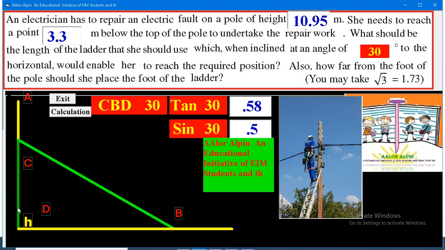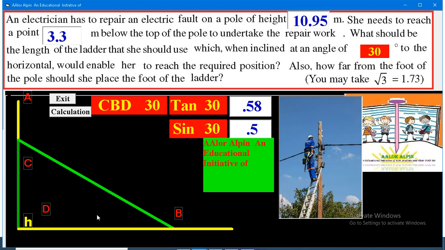So height and distance can be changed depending on the situation. Basic things remains the same. You have a height, you have a distance. Both can be changed. Okay?